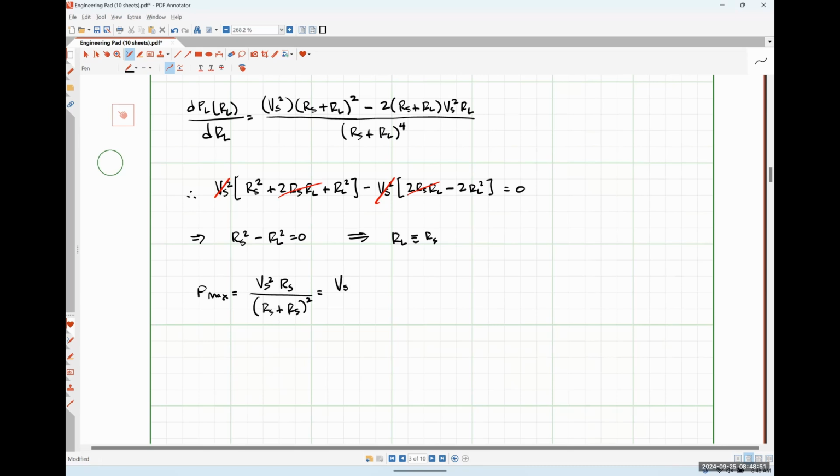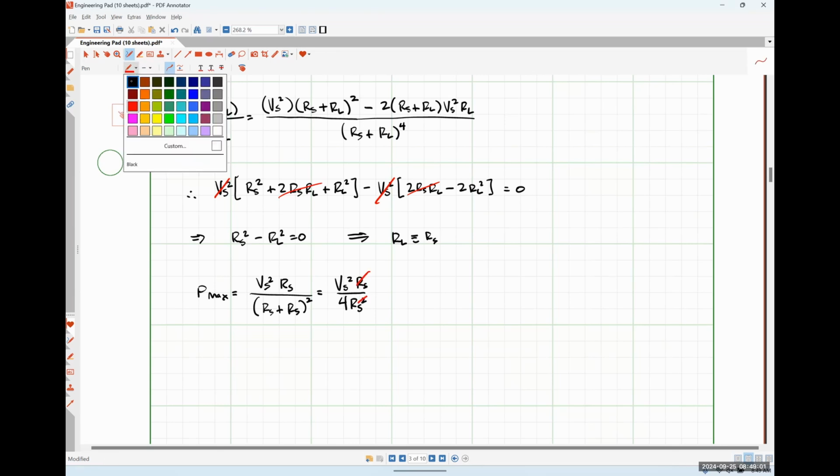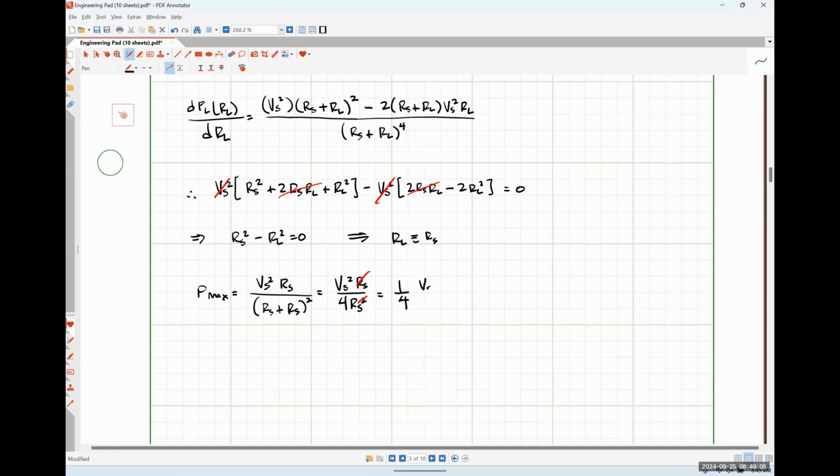So that gives me Vs squared RS over 4 RS squared. So this cancels that right there, and we wind up just getting 1/4 Vs squared divided by RS. So that is the maximum amount of power that our practical source could ever deliver.